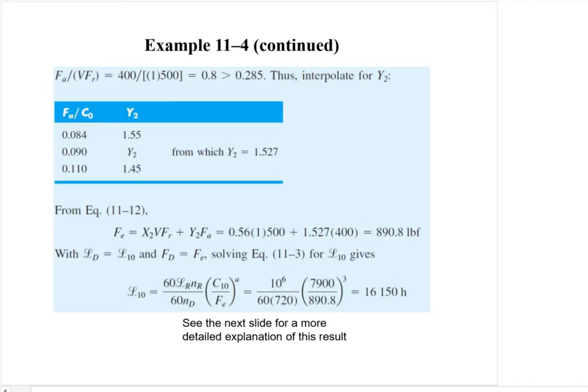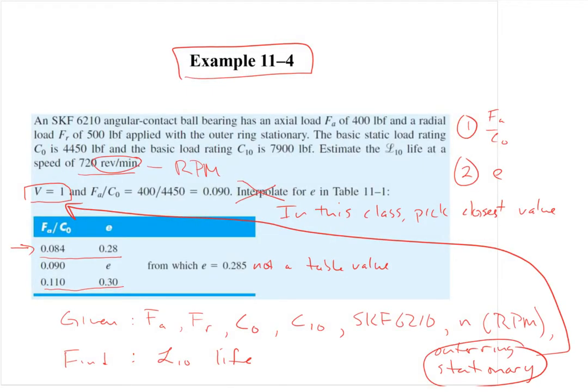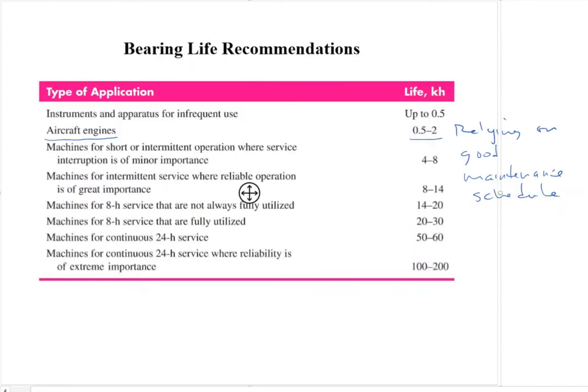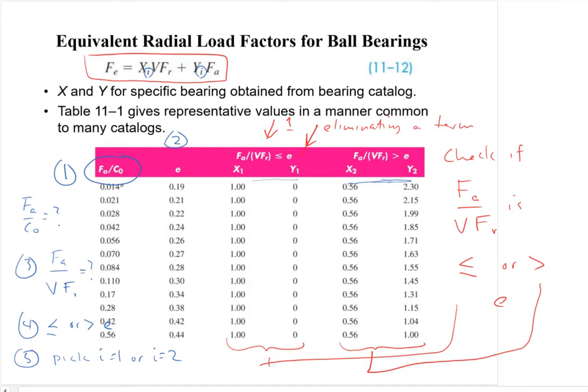Then they go through and calculate FA. So let's make sure I got my steps here. Calculated E. Let's go back up here. See step 3 here: FA over VFR.